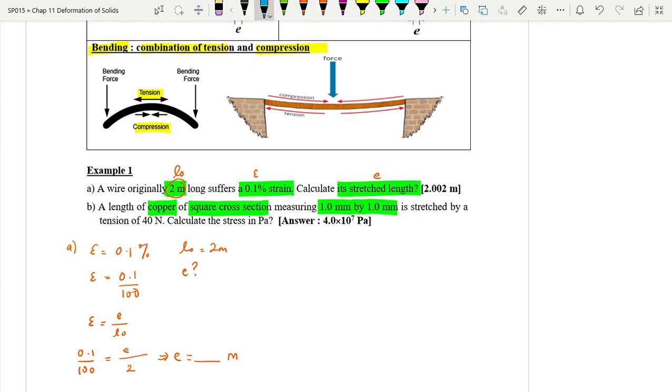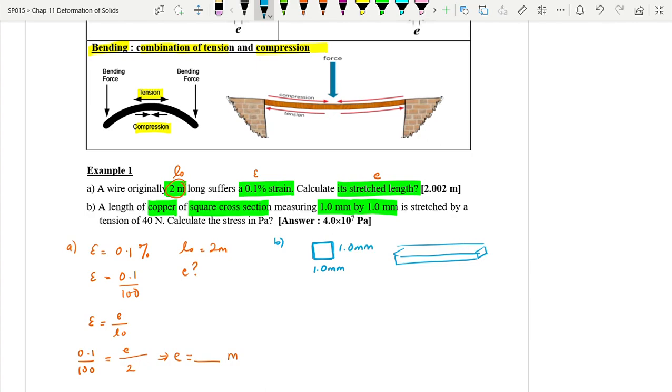Imagine macam dalam diagram 11.1 tadi, mungkin wire dia berbentuk somewhere like this lah. Okay, so the cross sectional area is 1.0 mm by 1.0 mm.